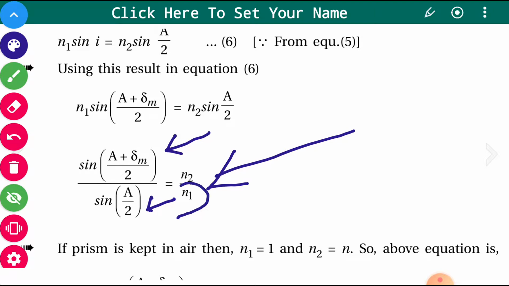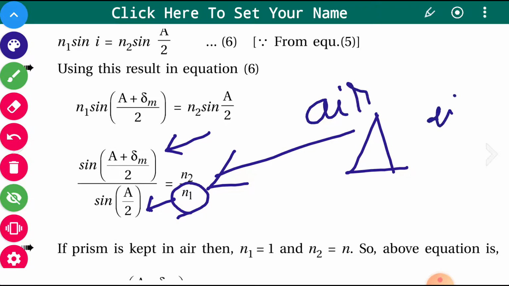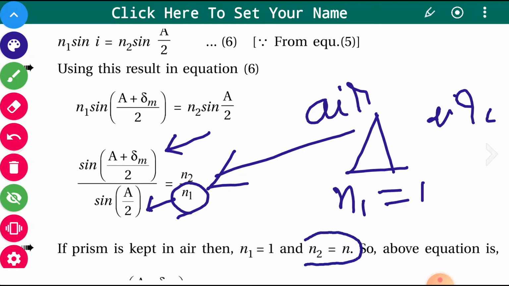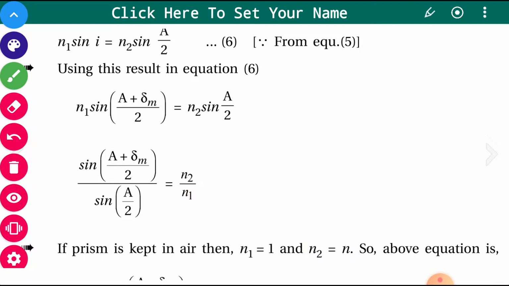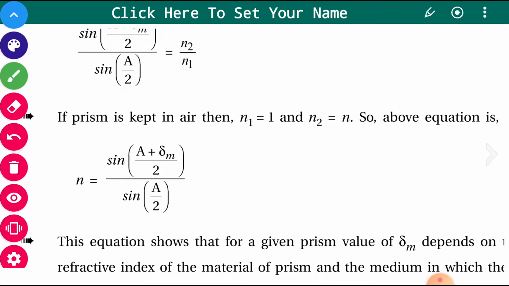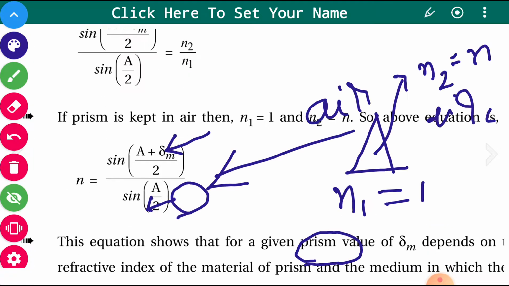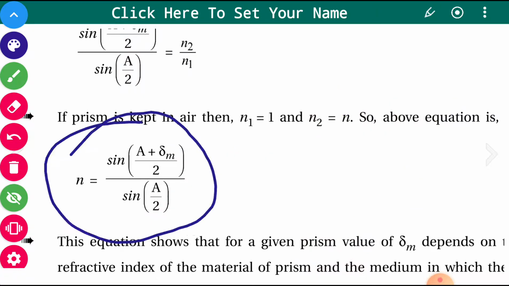If n1 is 1, that is, on both sides of the prism there is a medium of air, then n1 will be equal to 1. So n2, the refractive index of the prism, let us say this is n. Then this equation gives the refractive index of the prism, n is equal to sin (A plus delta m by 2) upon sin A by 2.